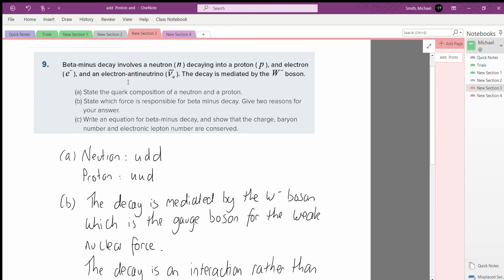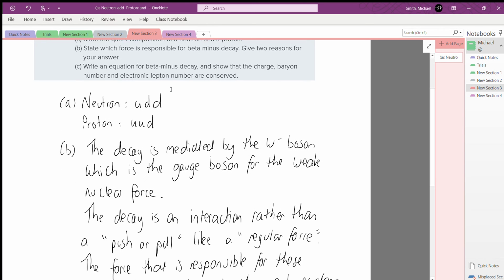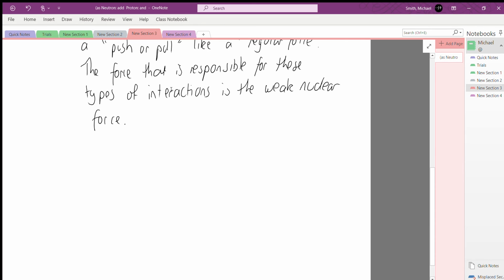That's not so bad. Question C, we need to write an equation for beta minus decay and show the charge, baryon number, and electronic lepton number are conserved. That's not too bad. We have our neutron decaying into a proton, an electron, and an electron antineutrino.